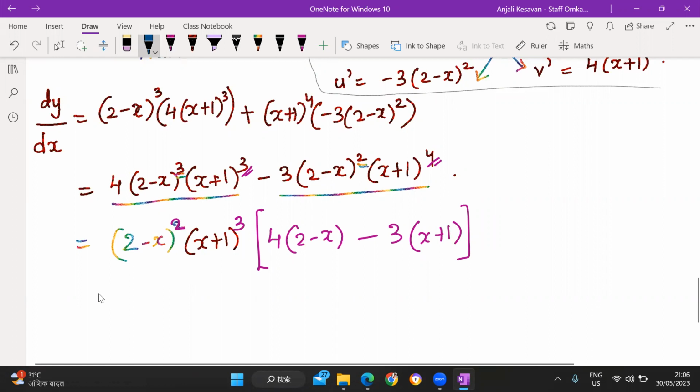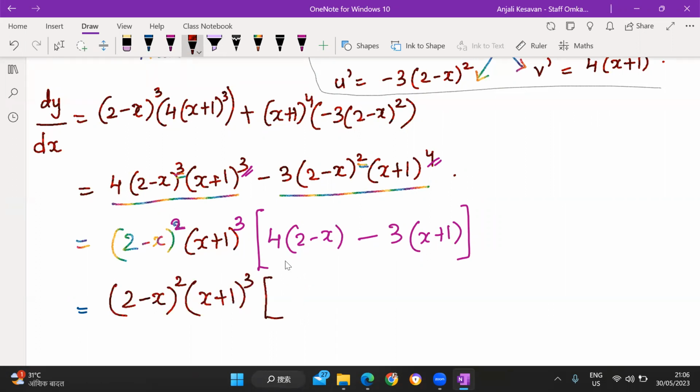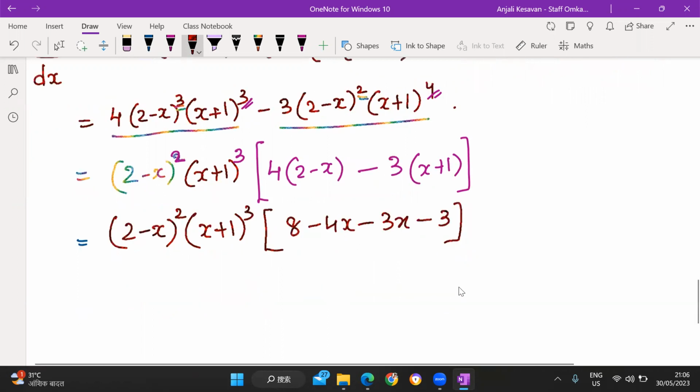Yeah. Now you don't have to expand this further, you can leave it like this. So you will just write 2 minus x the whole square times x plus 1 the whole cube times, here you can expand the bracket, so you get 4 times 2, 8, minus 4x minus 3x, minus into plus minus. Simplify this further, what do we get?